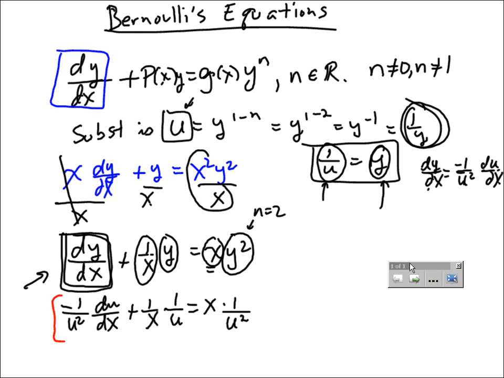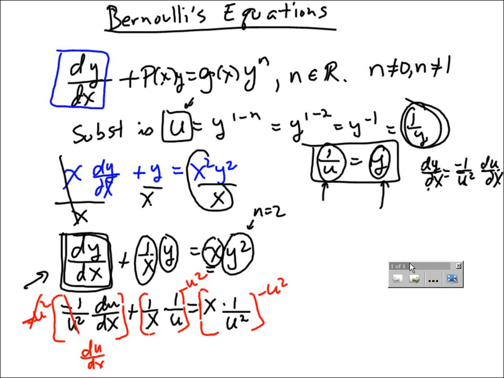So I want du dx to be alone. I don't want negative 1 over u squared, so I'm going to multiply every term by negative u squared. In the first term, this cancels out, and I just get du dx.